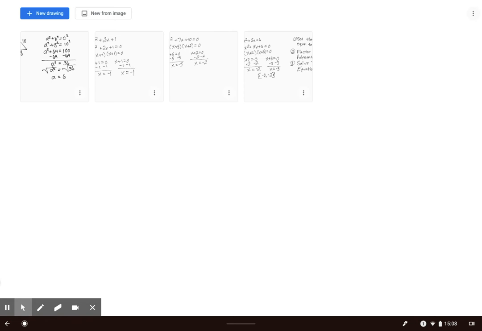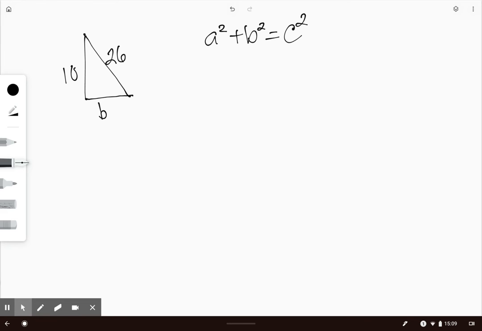All right, so let's do the other example together. So I have the right triangle, and this time I have 10, I have B, and then I have 26. And I'm going to be looking for the length of side B. So I start again with my A squared plus B squared equals C squared.